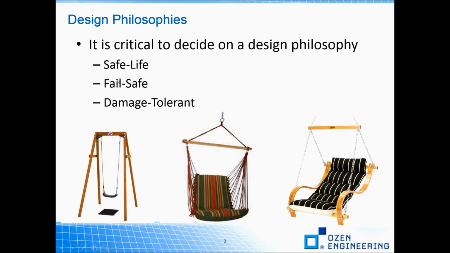There are mainly 3 different approaches, which can be listed as safe life, fail-safe, and damage tolerant. And these images for different types of swing designs represent these different approaches here. In the safe life philosophy, products are designed to survive a specific design life with a chosen safety buffer.